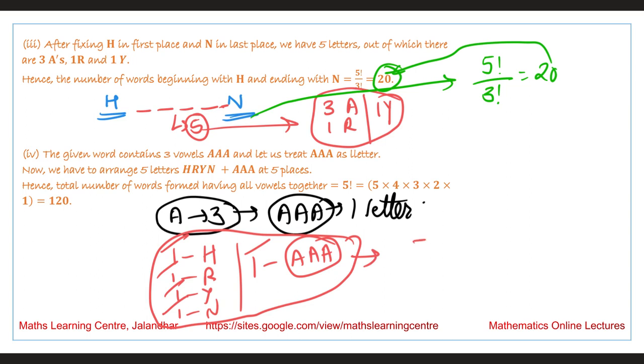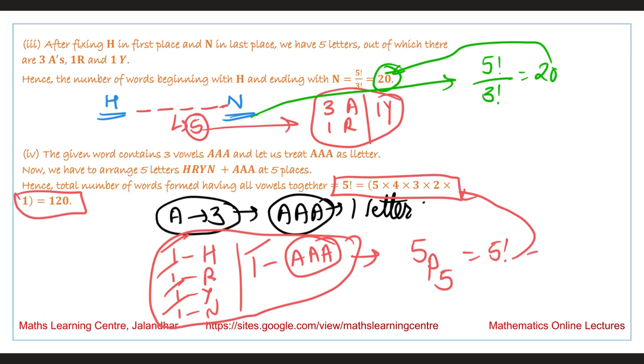So the permutation is 5P5, which is equal to 5 factorial, and the value of 5 factorial we know is equal to 120. So the number of words formed having all vowels together is 120.